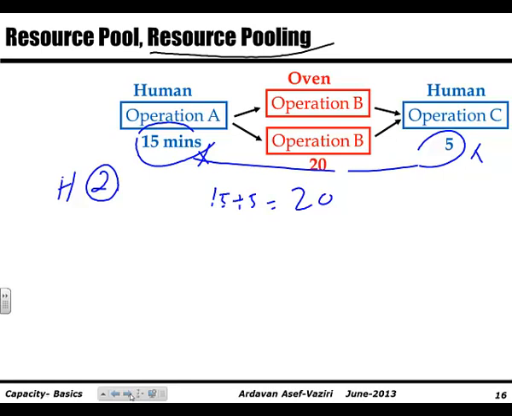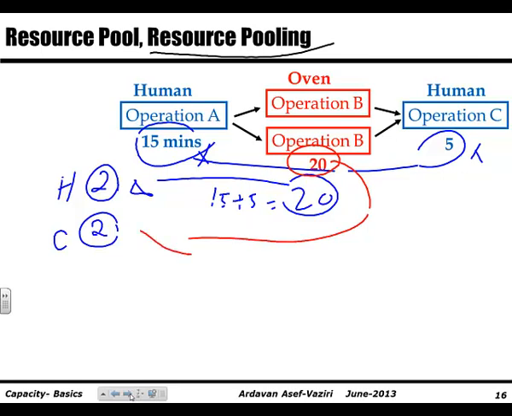So I have two human resources and I have two capital resources. Human resource is busy 20 minutes on each flow unit. Capital resource is also busy 20 minutes on each flow unit.